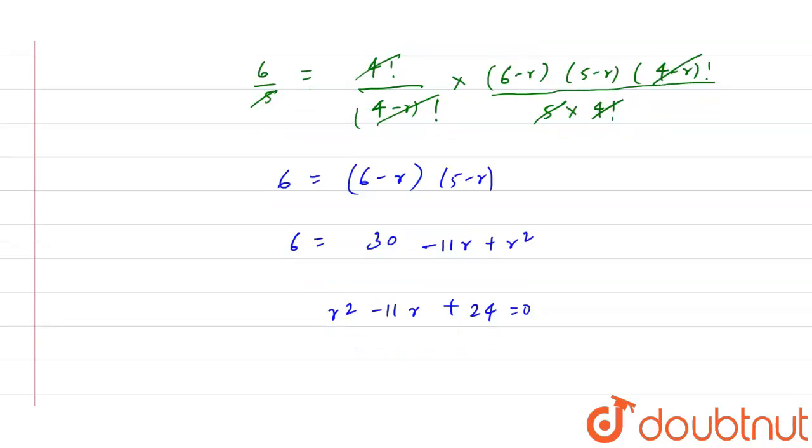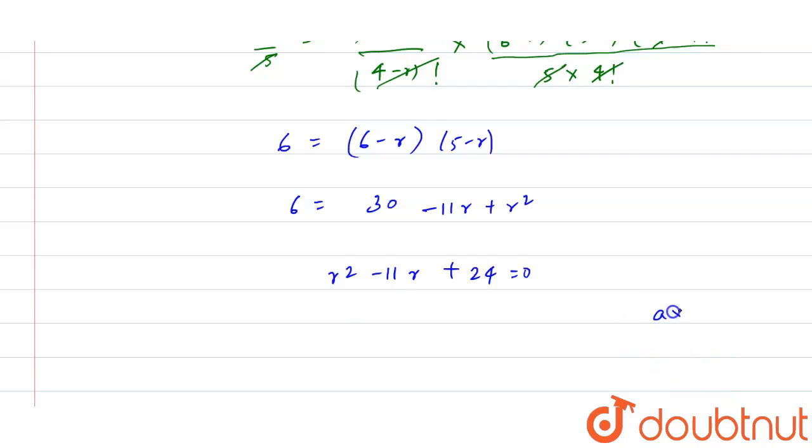Now we have to find two factors which multiply to give 24 and add to give minus 11r. The factors of 24 are 12 and 2, 8 and 3, and 6 and 4. If we take 12 plus 2, that is 14, and 12 minus 2 is 10, so we are not getting 11.